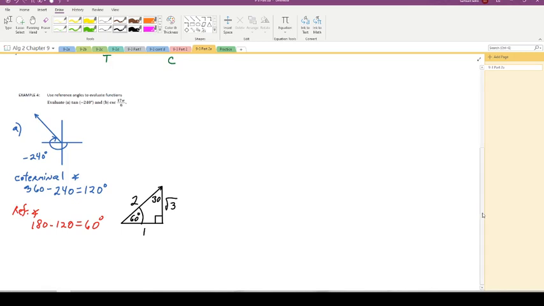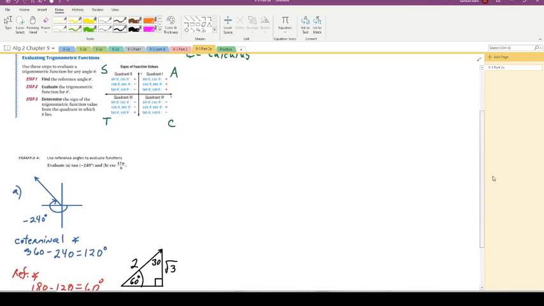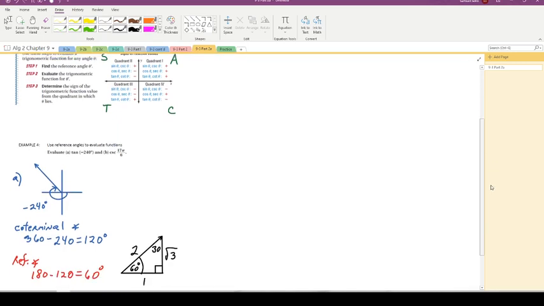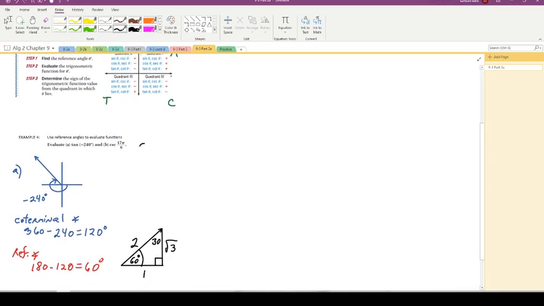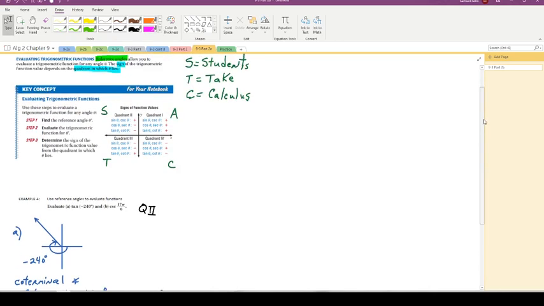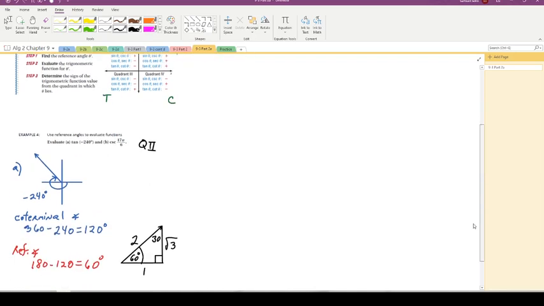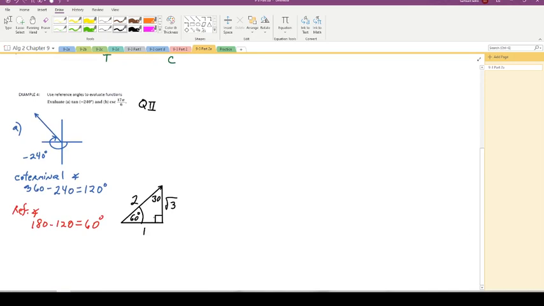What quadrant are we talking about here? Well, we're talking about quadrant 2. So let's mark that, quadrant 2. If I go to quadrant 2 and we're looking for the tangent, the only one that's positive is sine, which means that my answer here has to be negative.